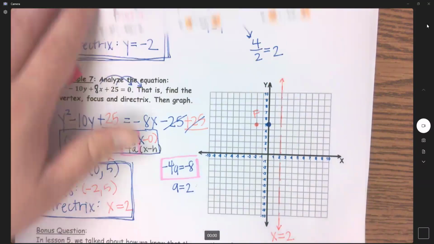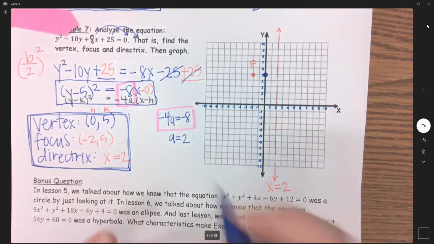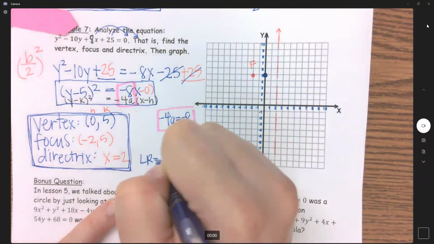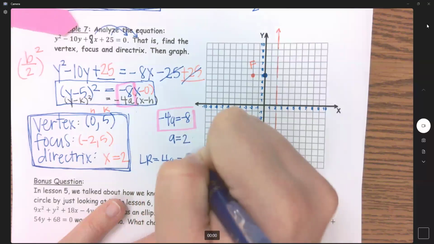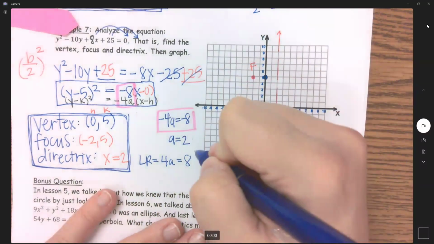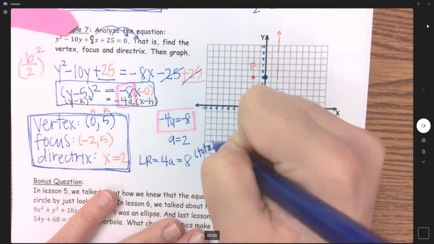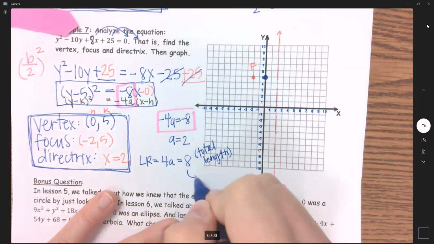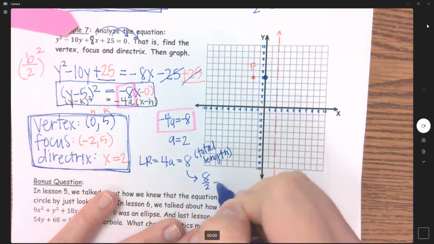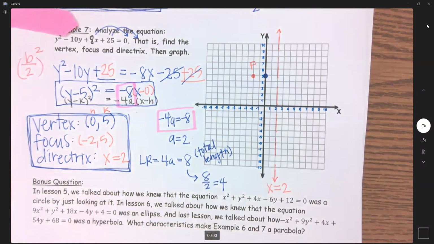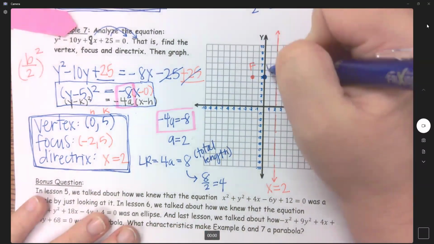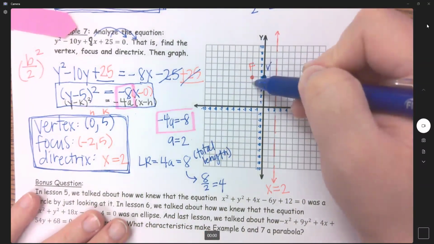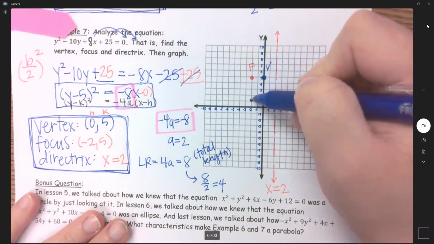And I will finish graphing this. My LR equals 4a, which is 8. So this is my total length. So take this and divide it by 2 to get 4. So from my focus, I'm going to go down 1, 2, 3, 4.